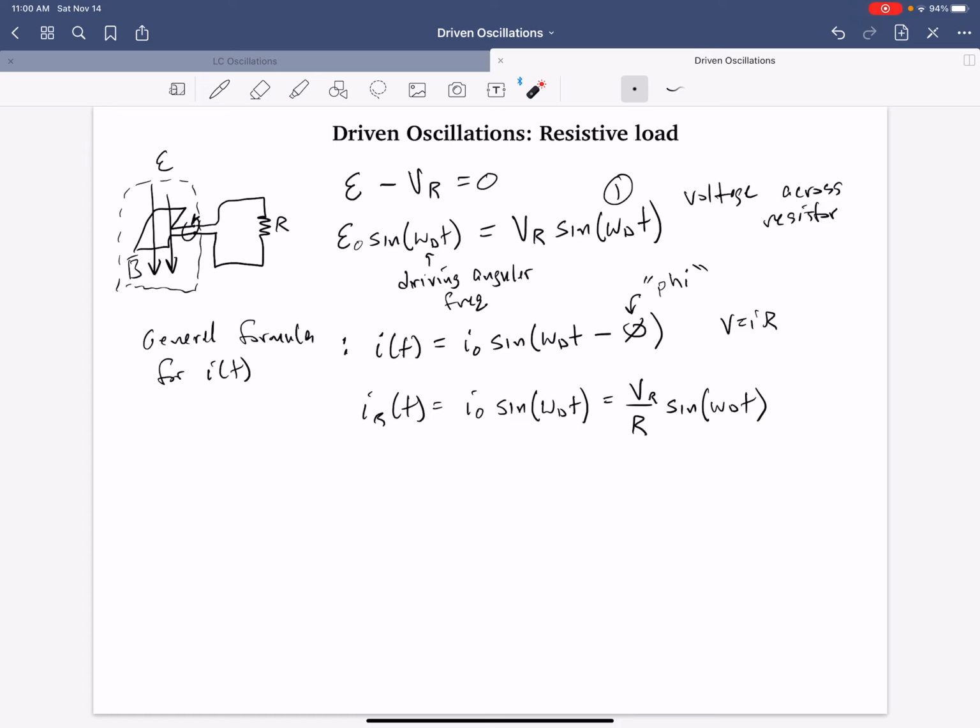There is no phase constant because they both depend exactly on omega, and the current depends on the voltage. So phi is 0. Okay? And if phi is 0, that means they're exactly in phase.